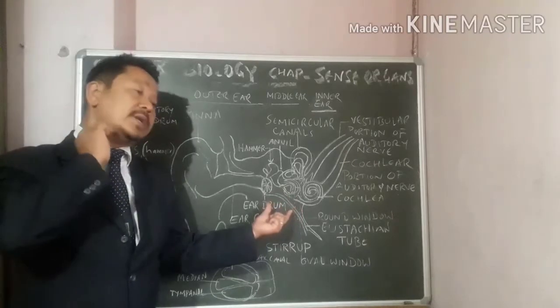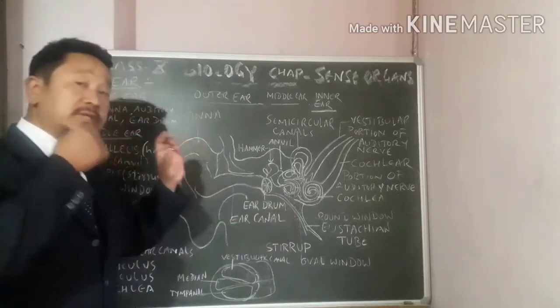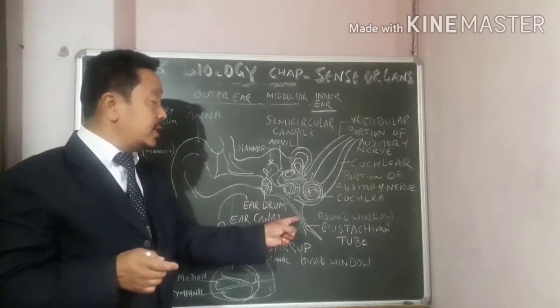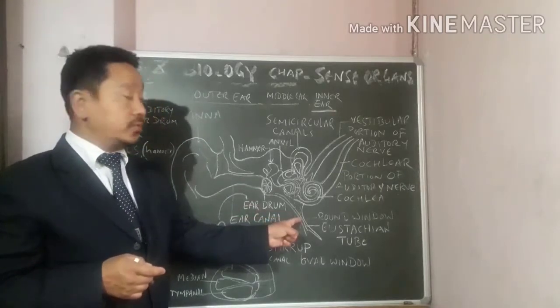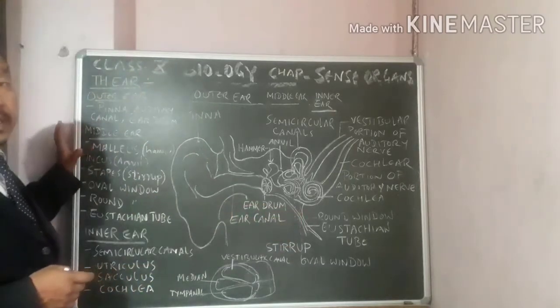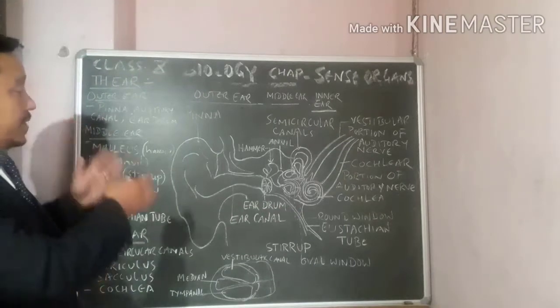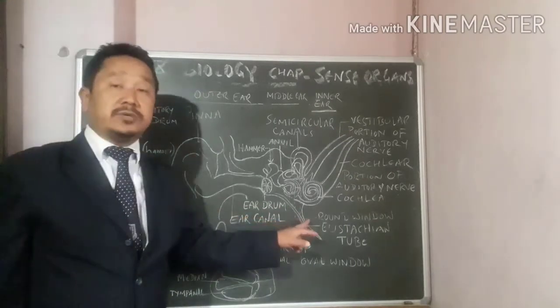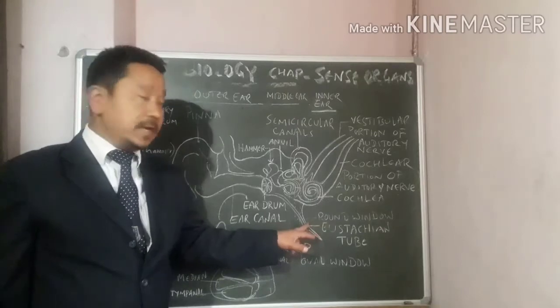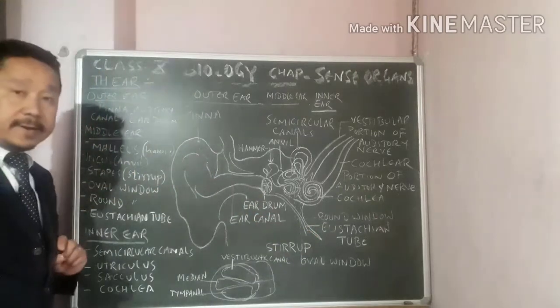That means your ear is connected with your throat also. That connection is done by the Eustachian tube, which is part of your middle ear. Okay, so these are the parts of your middle ear.